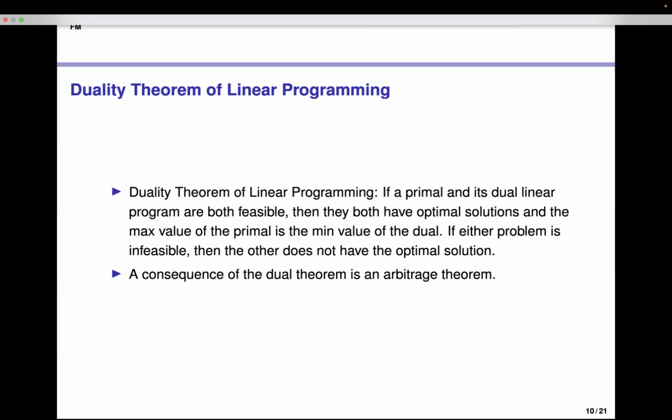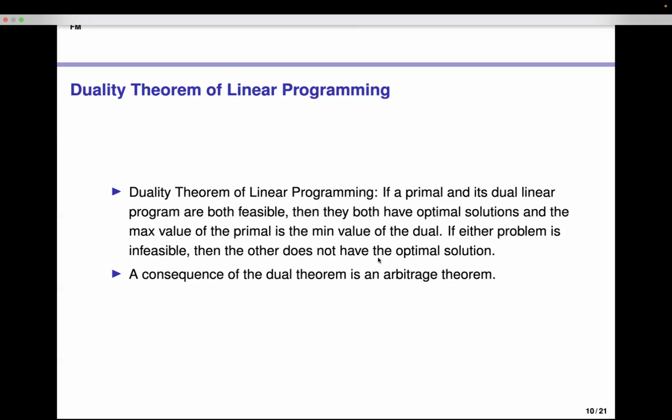So in our example, if we solve the primal and find that the maximum value is, for example, 24, then for the dual program the minimum value is 24. But if either problem is infeasible, then the other doesn't have an optimal solution.